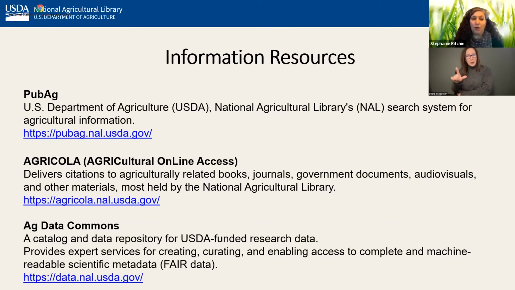And then the other part of Agricola is that we look at all sorts of publishing, mostly peer-reviewed journals and other types of journal articles, and then we create records for those as well and use those to supplement the content. And those are article level records.